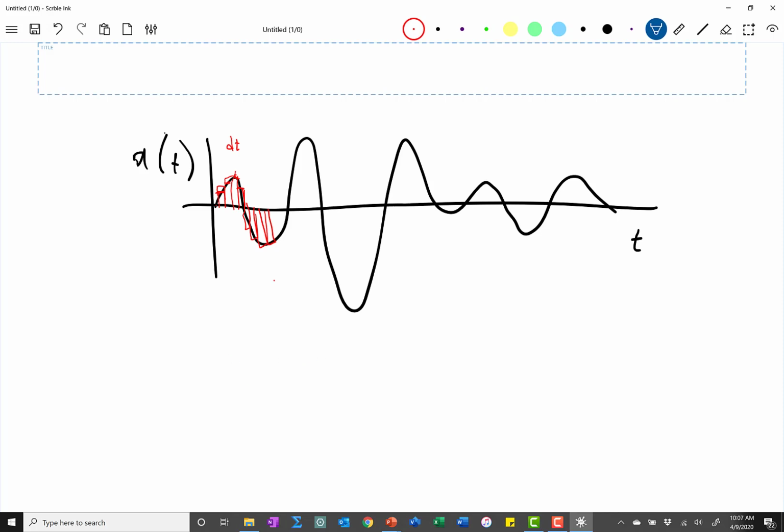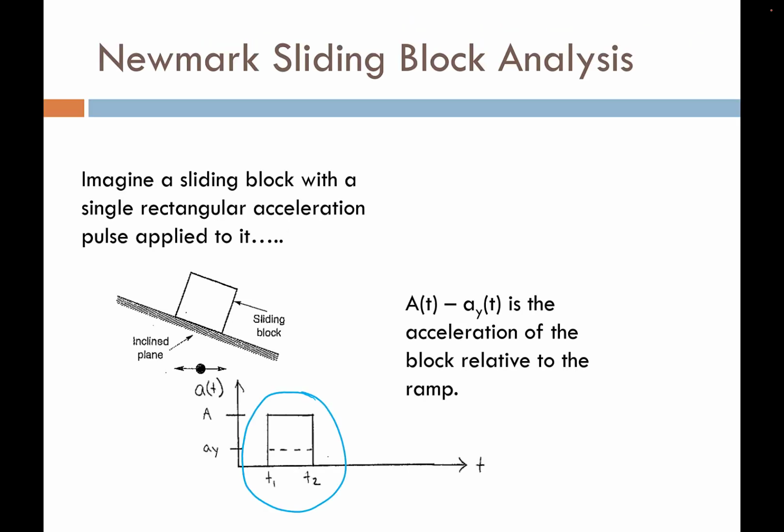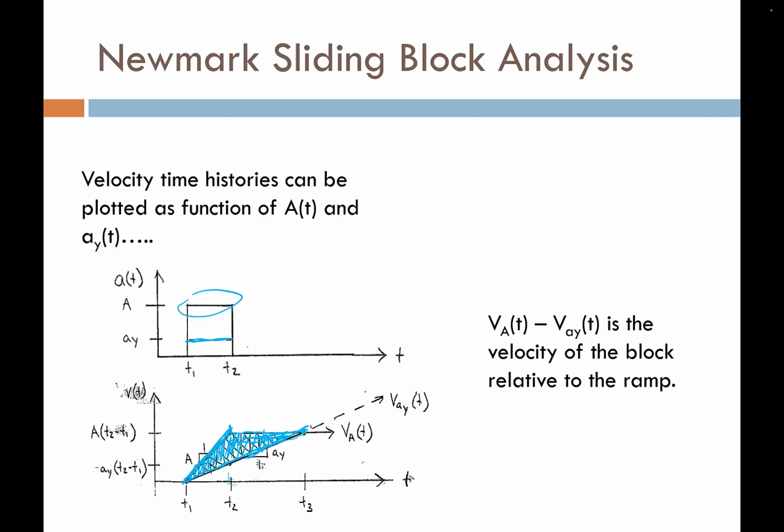So obviously, if I use a computer to do this, and I can break this acceleration record up into say 1,000 or 2,000, 10,000 time steps, I can come up with a very accurate representation numerically of what I would get if I solve this through closed form integration.